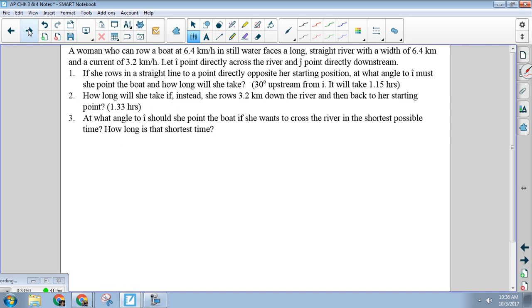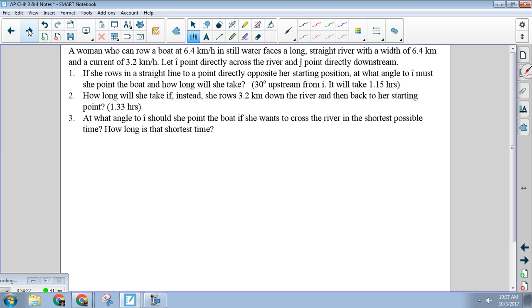It says a woman who can row a boat at 6.4 kilometers an hour in still water faces a long straight river with a width of 6.4 kilometers and a current of 3.2 kilometers an hour. Let I point directly across the river and J point directly downstream. Number 1, if she rows in a straight line to a point directly opposite her starting position, at what angle must she point the boat and how long will she take?